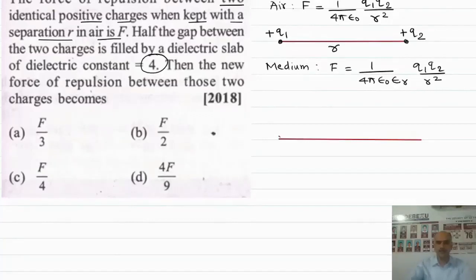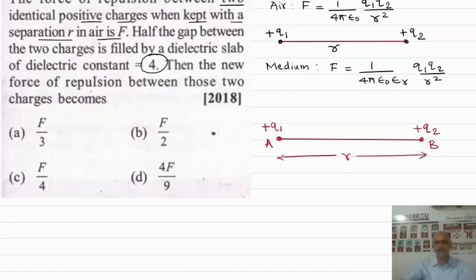Now there are two charges q1 and q2 placed at points A and B. Now this total distance is r.